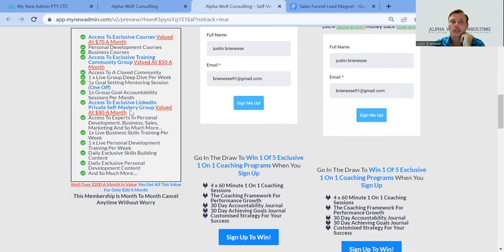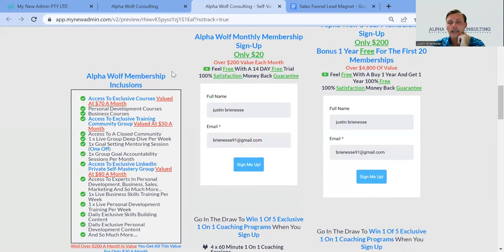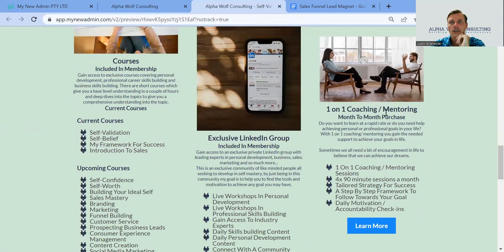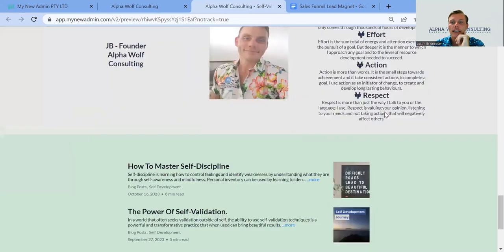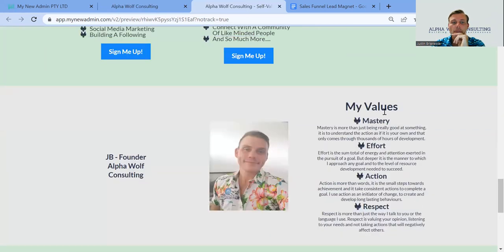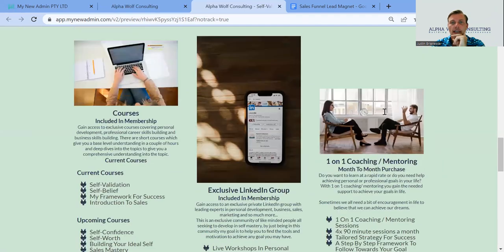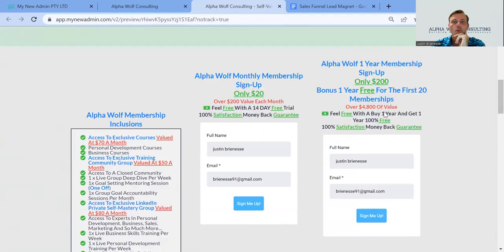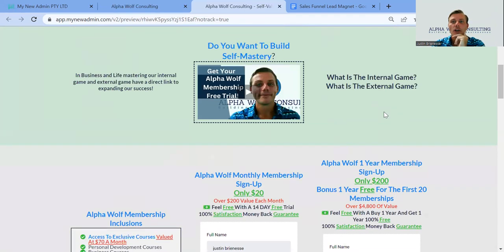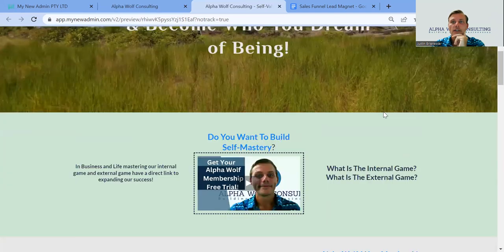Or would you want someone to see the offer and the prices and then see the inclusions? How do you want your buyer journey to be in that context? What would you need to put onto your sales funnel?